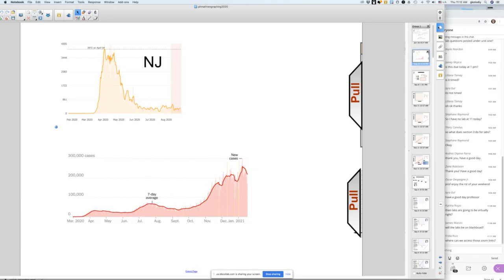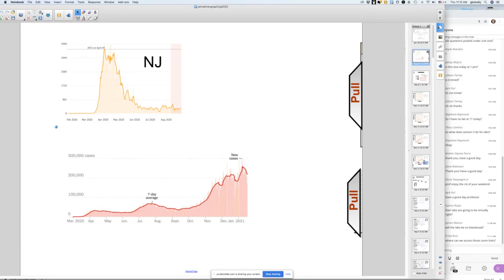This is the number of COVID cases in New Jersey. The one on top is back in August, in the summertime, and the one on the bottom here is right now, as of January 2021.